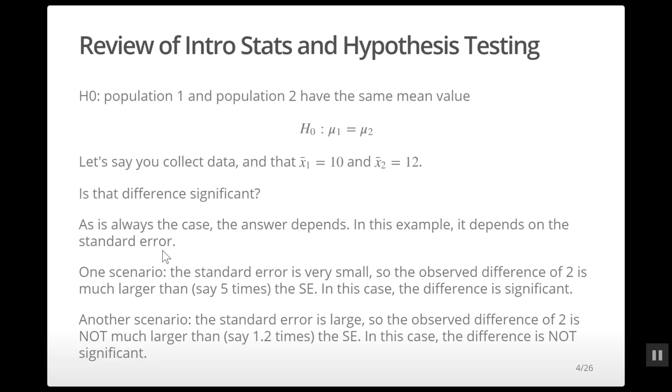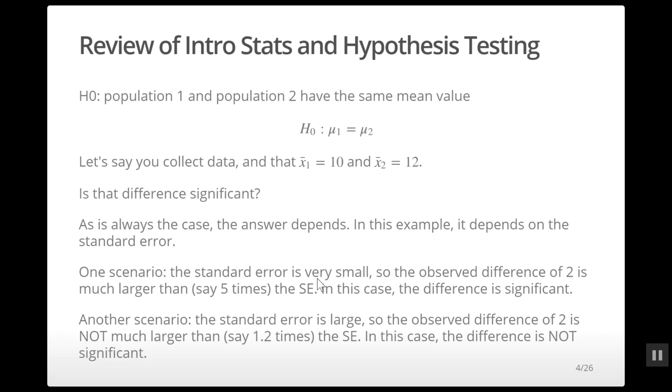In one scenario, that standard error could be very small, and so maybe the observed difference of 2 is much larger, maybe 5 times larger than the standard error. In this case, we would get a t-score of 5 or something like that, and we would say the difference is significant. You'd look up that t-score in your table or do some other math and get a p-value. The difference of 2 is significant.